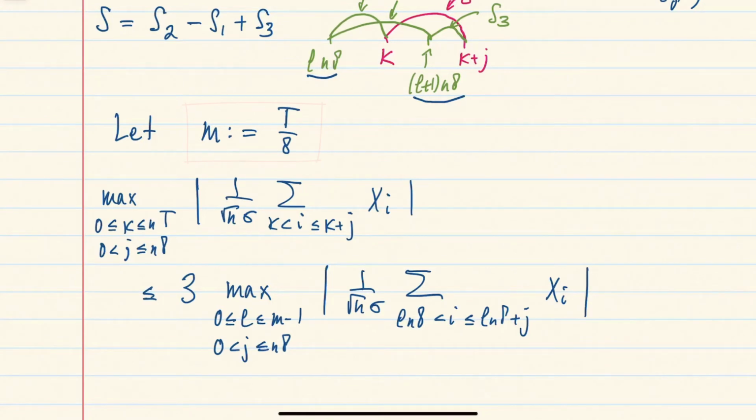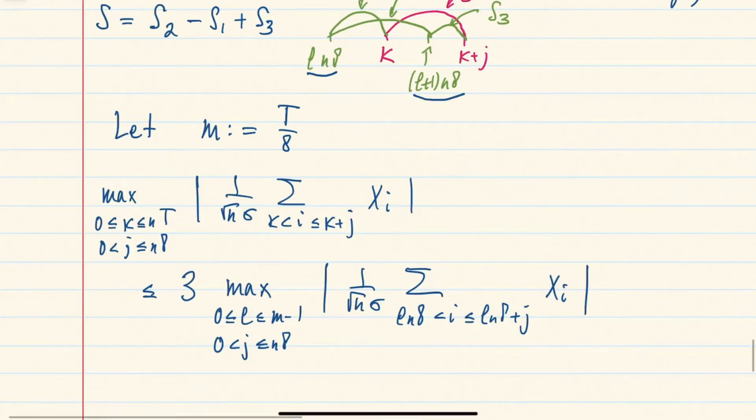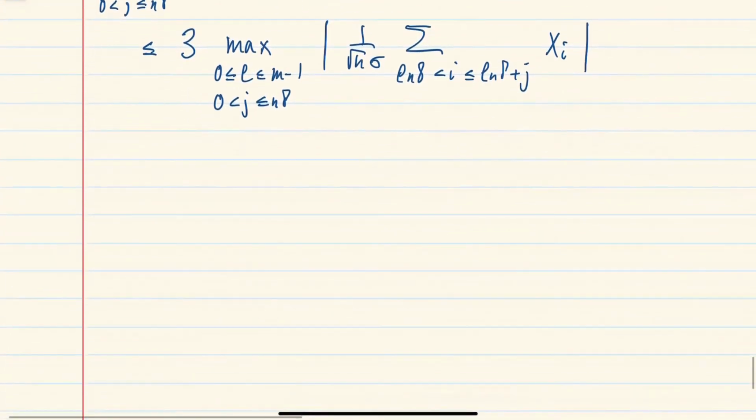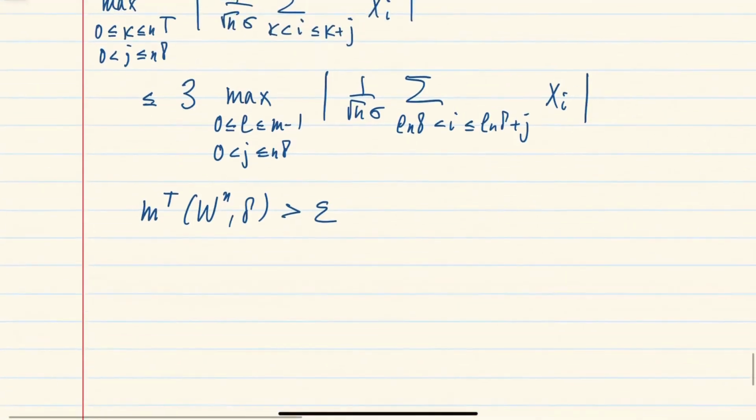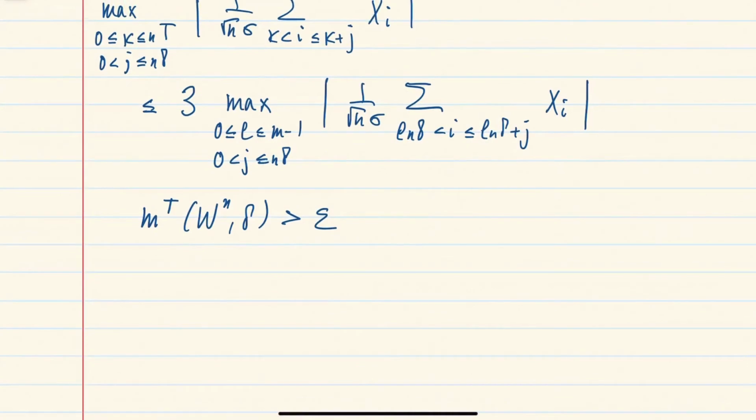In particular, when we look at the event where the modulus of continuity exceeds some epsilon, we want to control the probability of an event of this form. If this happens, then the maximum on the left hand side here is exactly the modulus of continuity.